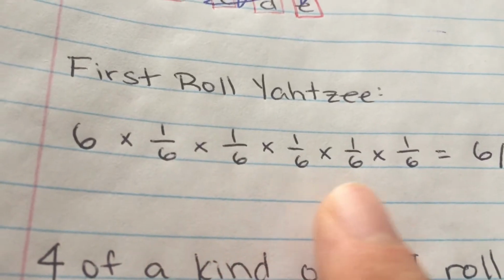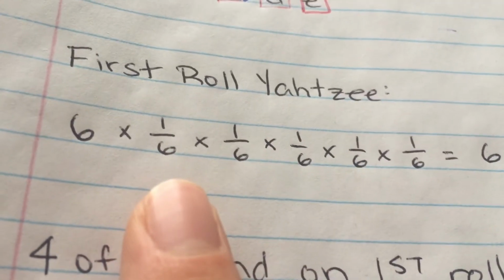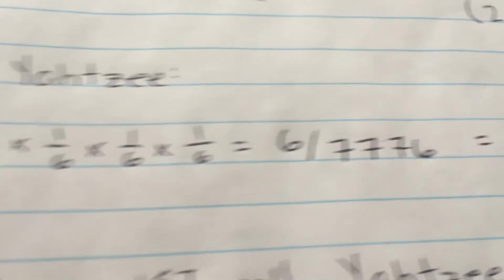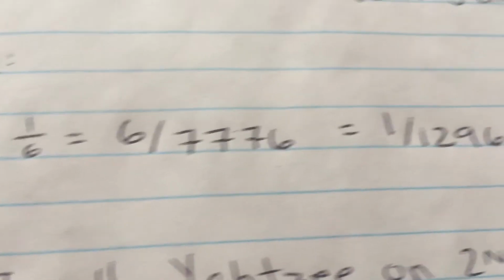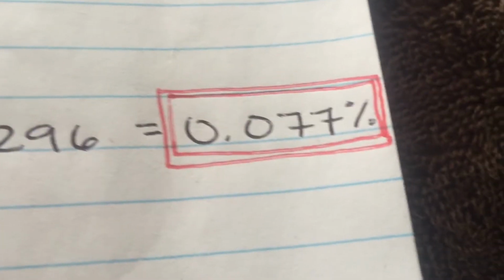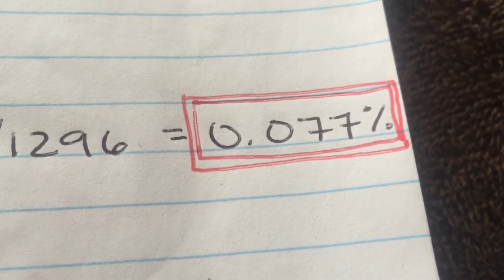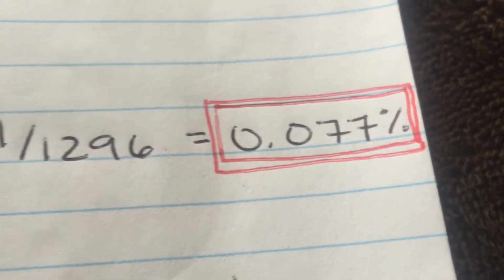So you have 5 1/6s, which is the probability of rolling that number, which I showed you before, which gives you 6 over 7,776, or a 0.077% chance of rolling a Yahtzee on the first roll, which are very low odds.